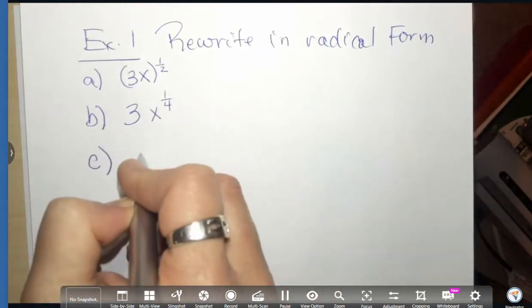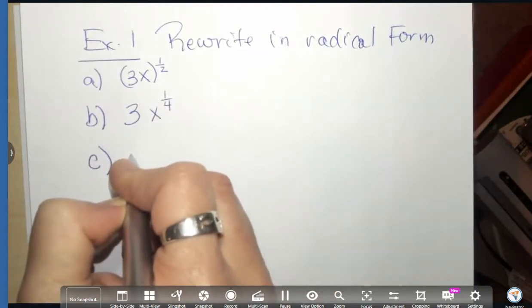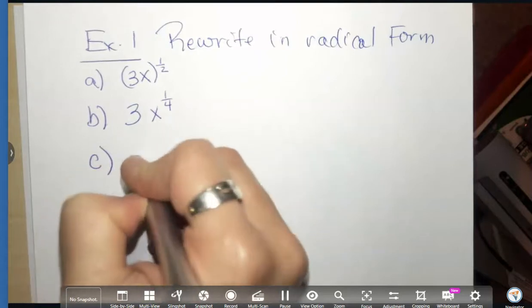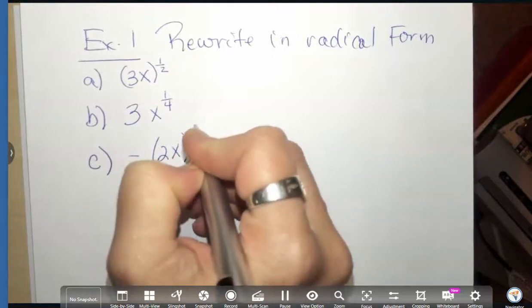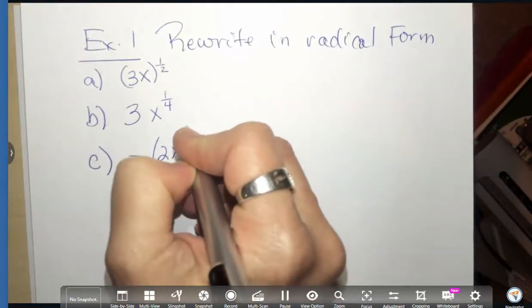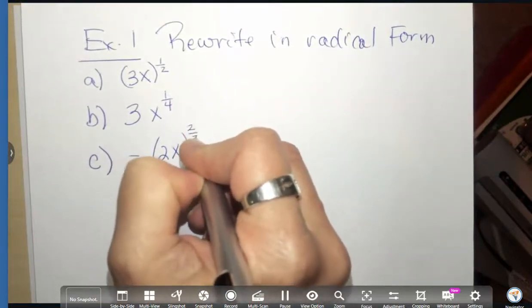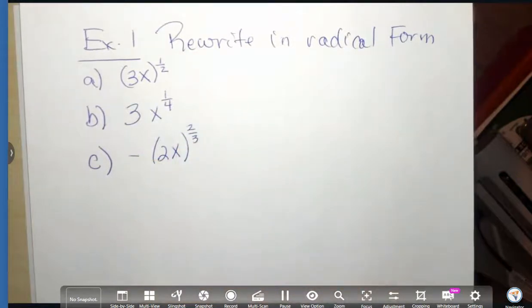And let's do negative 2x to the, let's say 2/3 power. Okay, so we're going to pause and wait for you to do those, and we'll come back. You can pause your video.